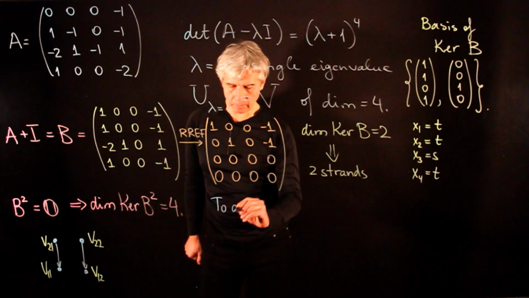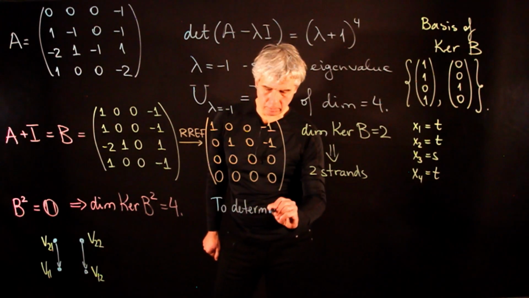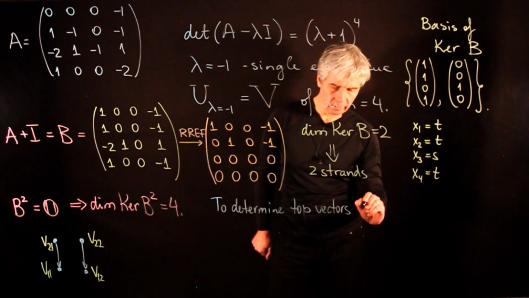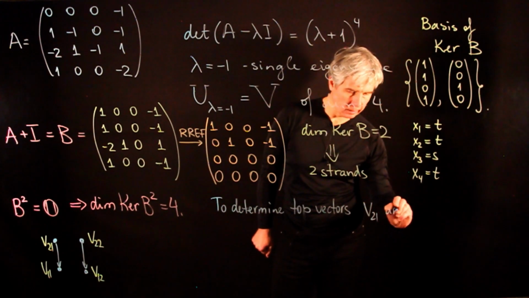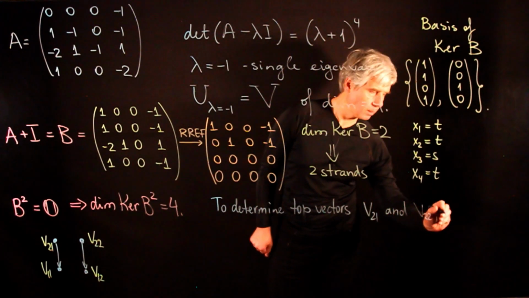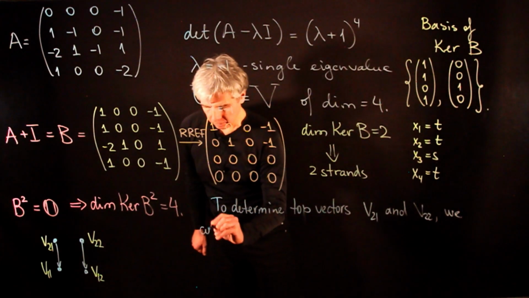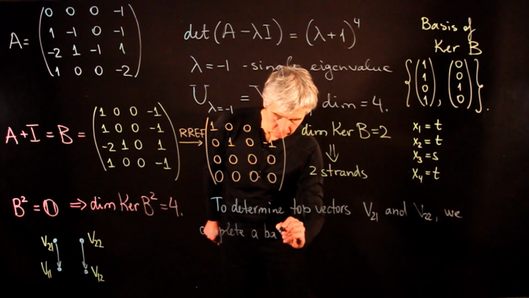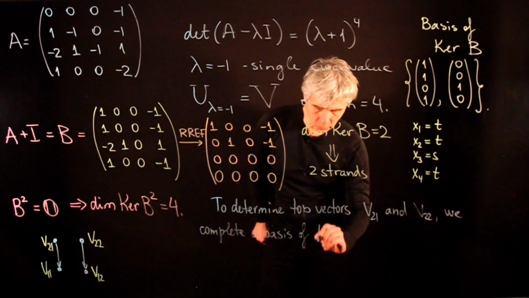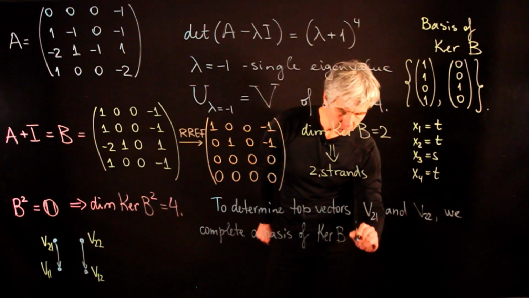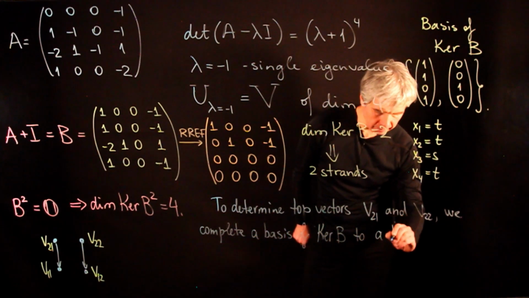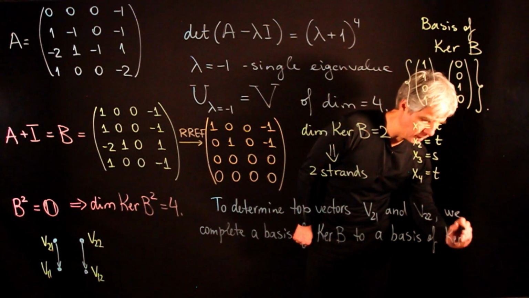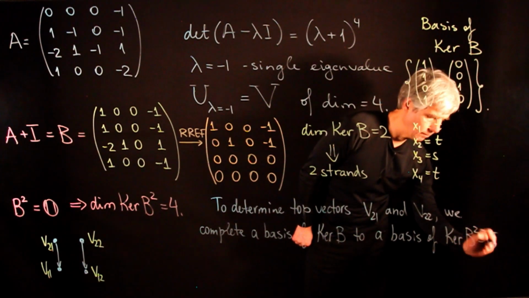To determine the top vectors v21 and v22, we complete a basis of the kernel of B to a basis of the kernel of B squared, which is the whole space V.